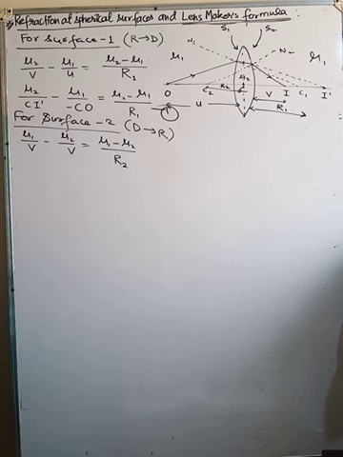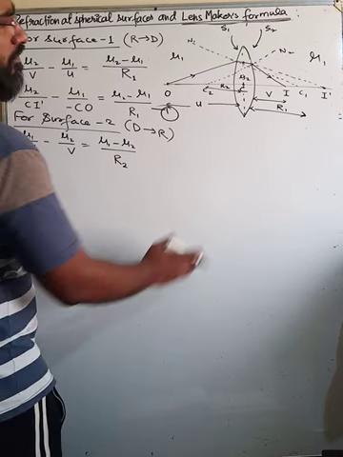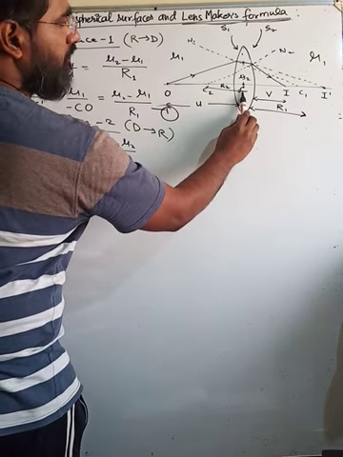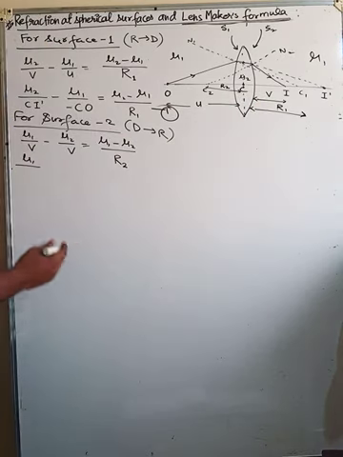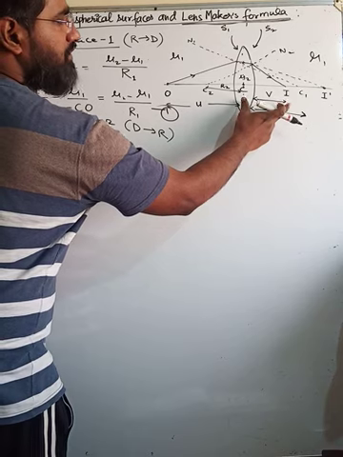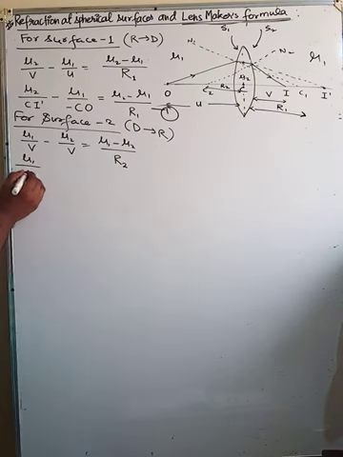Now let us substitute the values from the diagram. Mu1 upon V. Where is the final image formed? The final image is formed at I, from C to I, so the distance is CI, and it is on the right side, so we write positive.